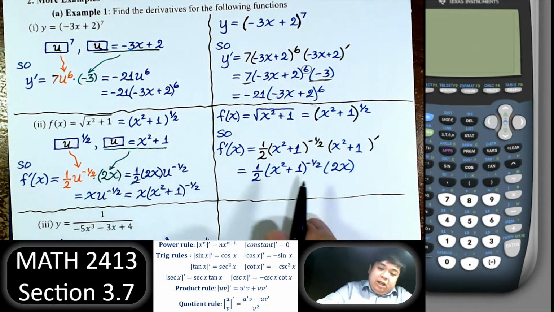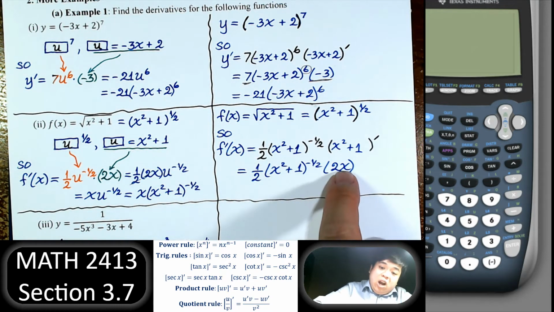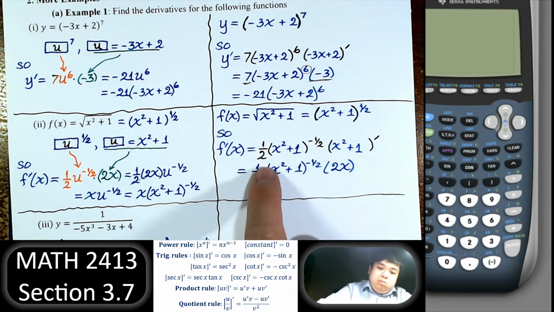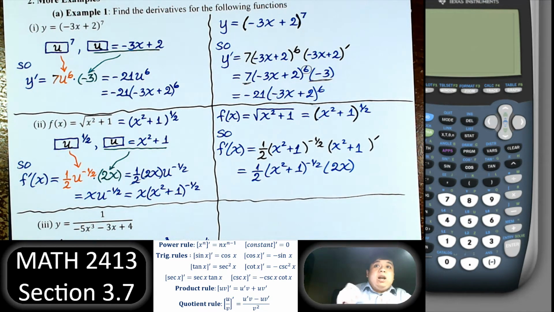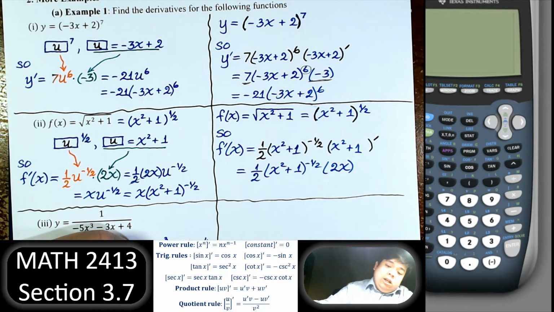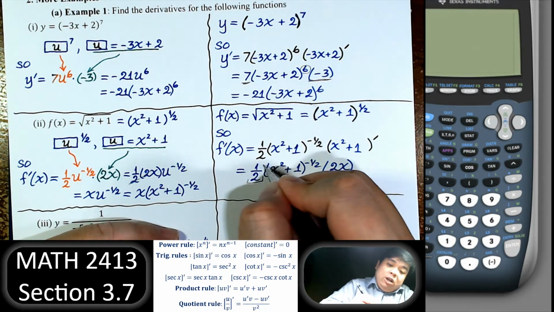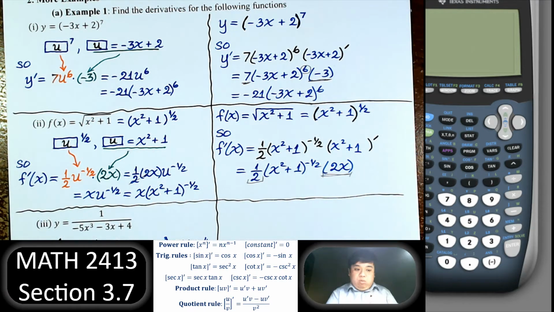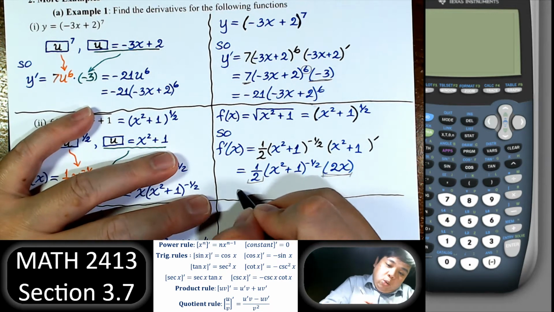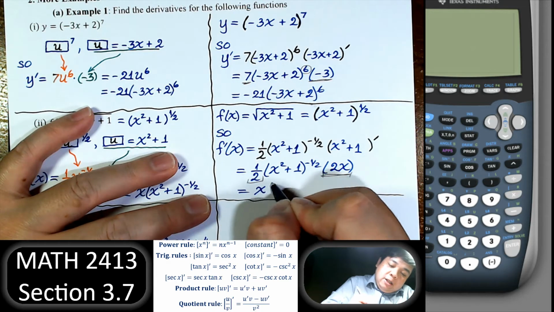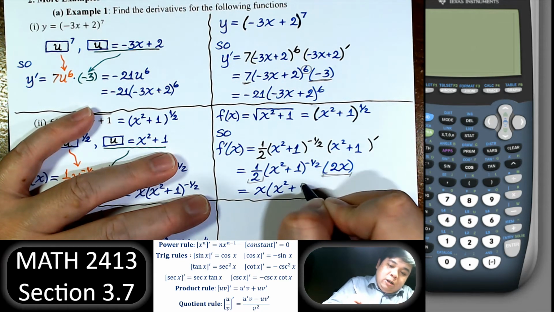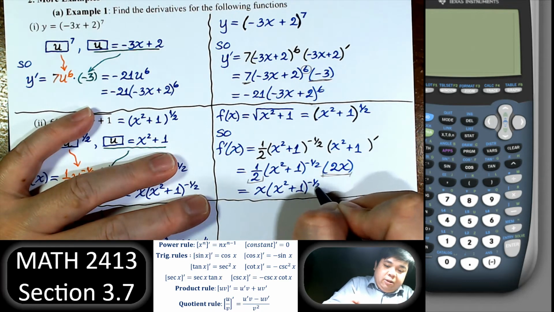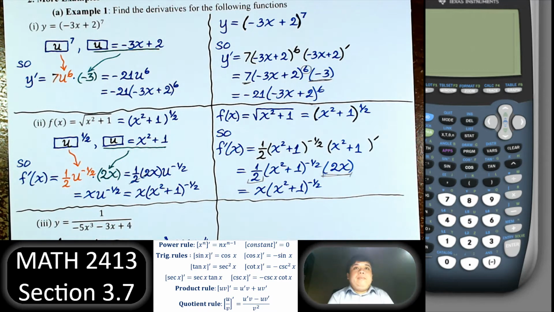And finally, this is raised to negative 1/2, so we cannot multiply this inside. We can only multiply them if they raise to the same power. So the 1/2 here is raised to the first power, the 2x here is raised to the first power. In that case, we can multiply them. So 1/2 times 2x gives us x, and then we have x squared plus 1 to the negative 1/2. Right.